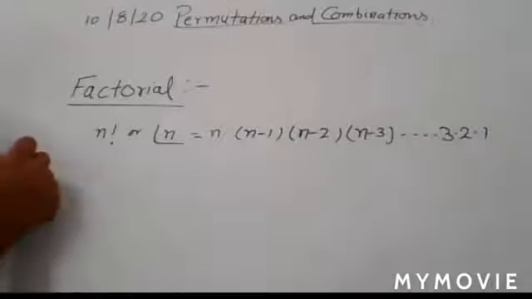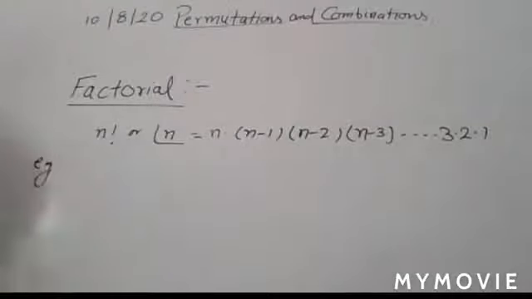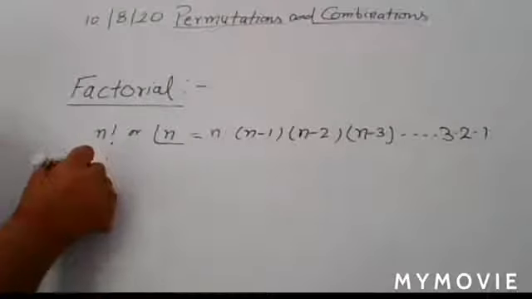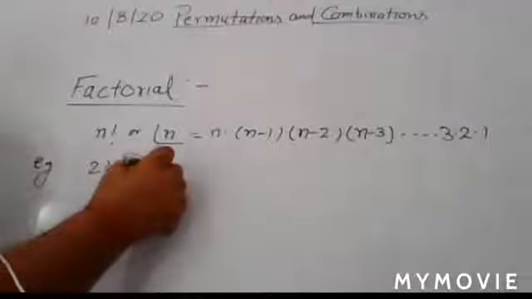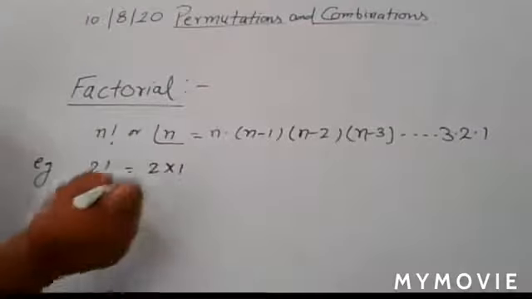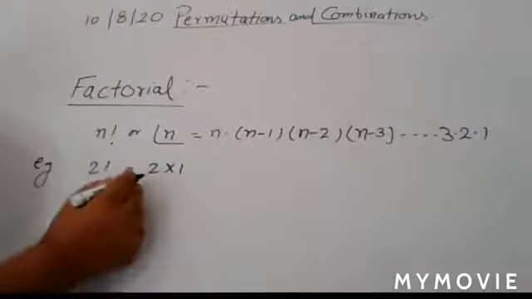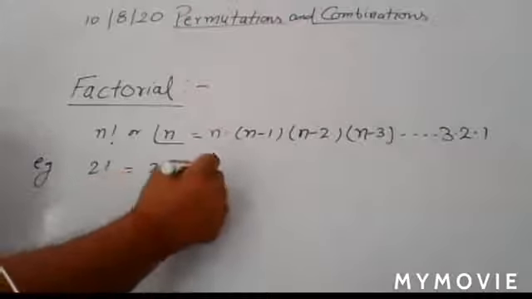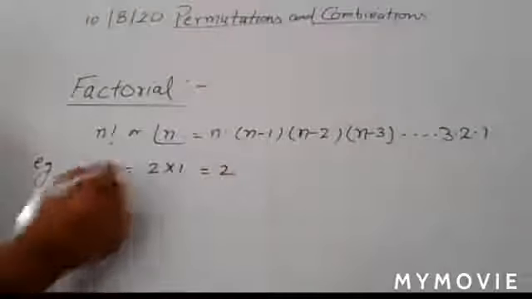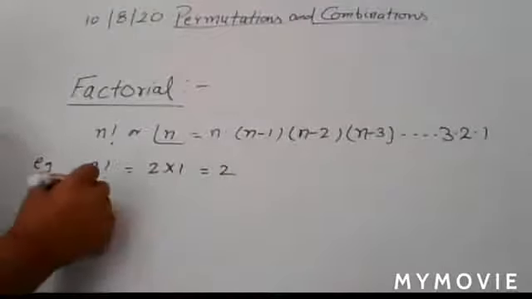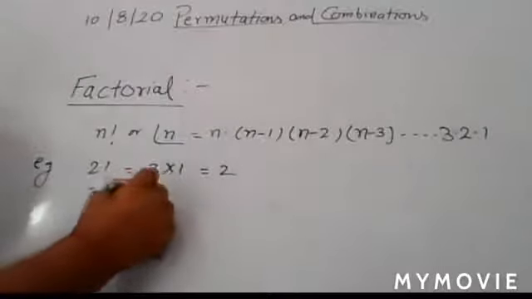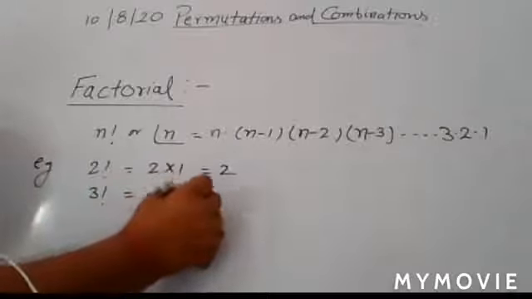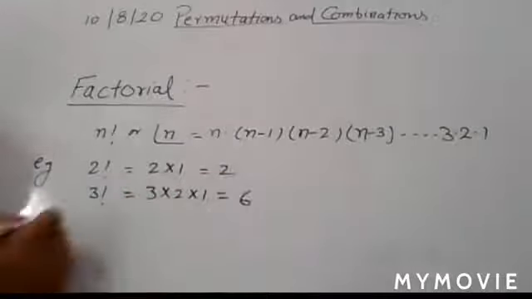For example, suppose I give you factorial 2. You start with 2 and multiply down to 1, so 2 into 1, and the value of factorial 2 is 2. In the same way, factorial 3 is 3 into 2 into 1, which is 6.